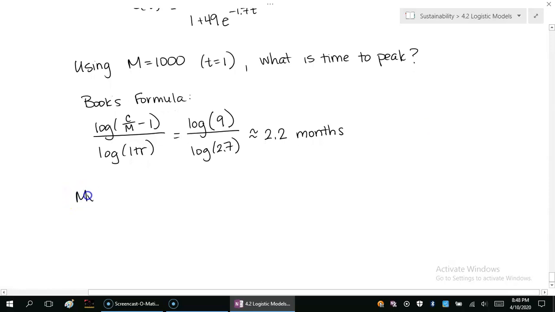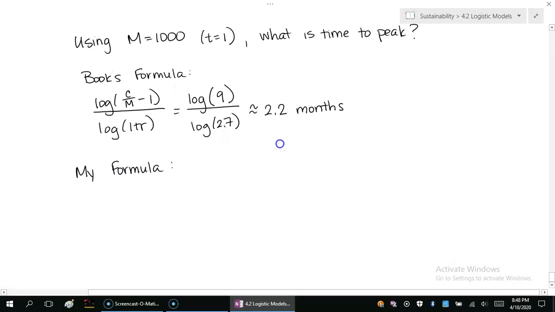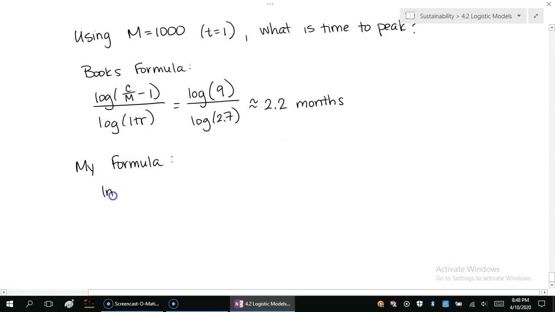If we use my formula instead, then the time to peak should be the natural log of c over m minus 1, just divided by r. That comes out to the natural log of 9 divided by 1.7, and that's approximately 1.3 months.